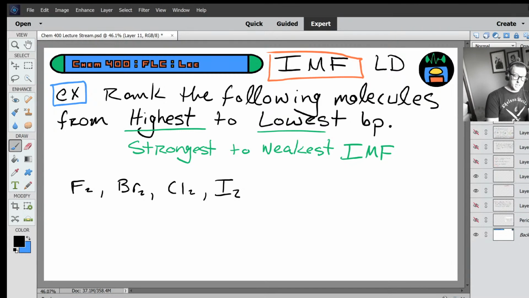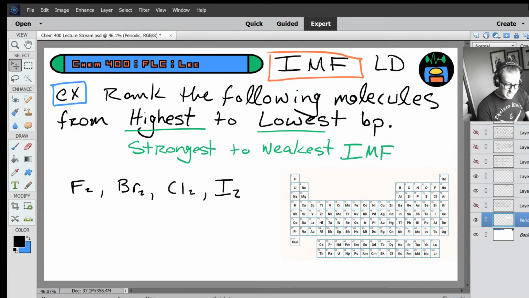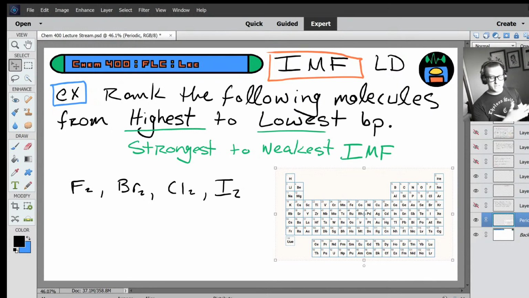Again, we only know London dispersion at this point, so that is the only one we're assessing. So we have to ask ourselves which of these have the largest orbitals and which have the smallest orbitals, because since they all only have London dispersion, the strongest London dispersion attractions are going to be in the orbitals that are the largest. The weakest will be in the ones that are the smallest.